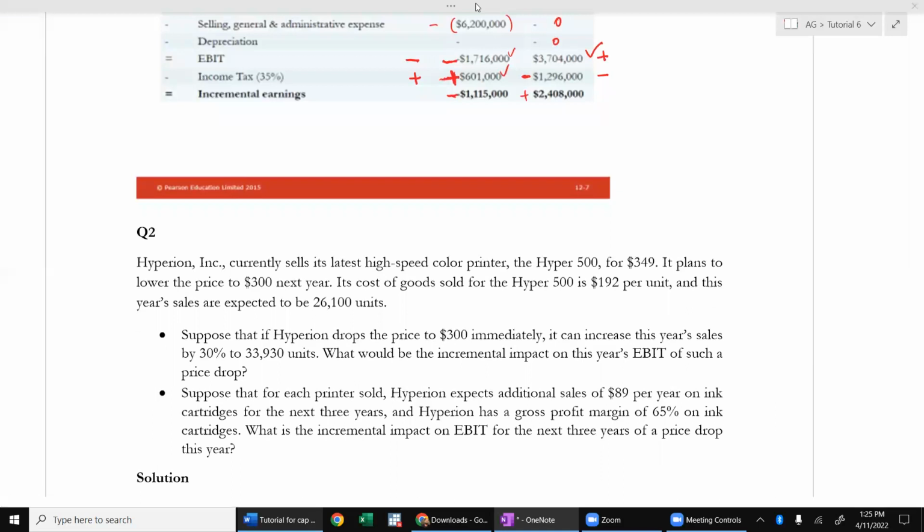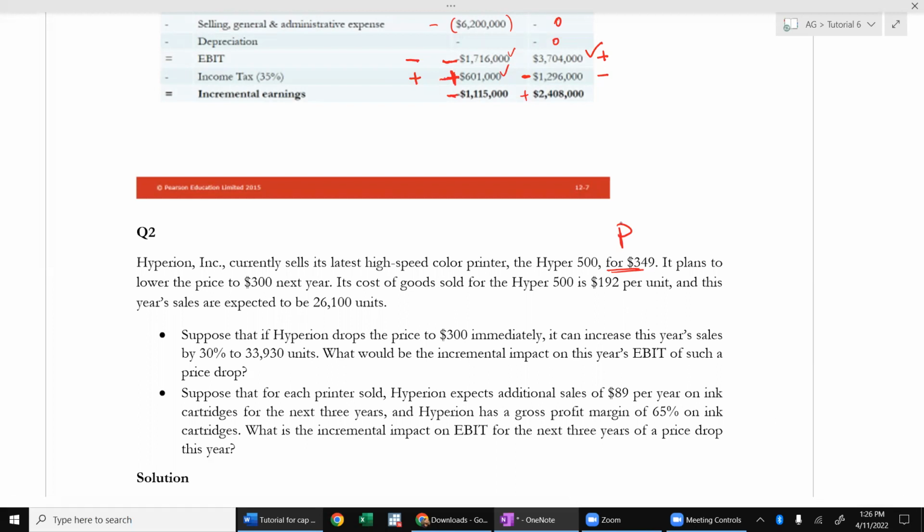Let's take question number 2. Hyperion Incorporation currently sells its high-speed color printer, the Hyper 500, for 349. Can you see that? This question has given you the price of the product, right? It plans to lower the price to 300 next year.